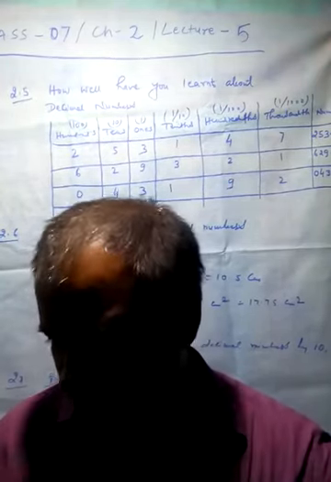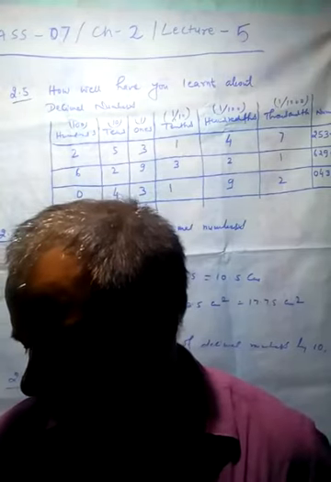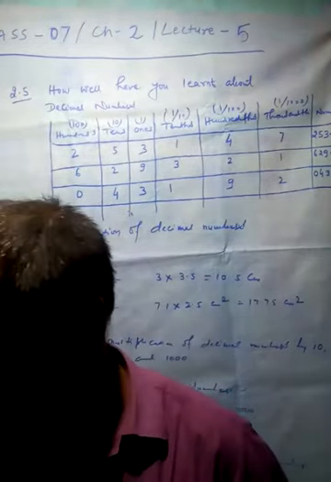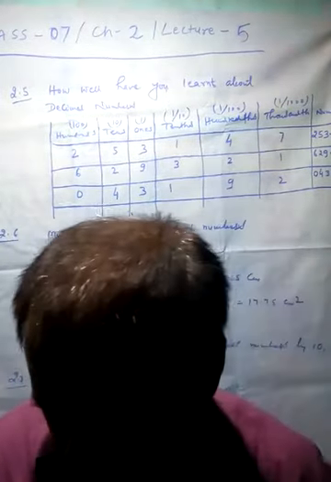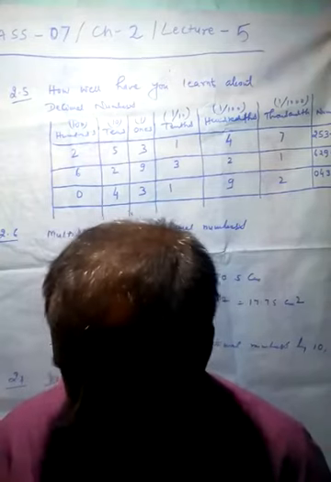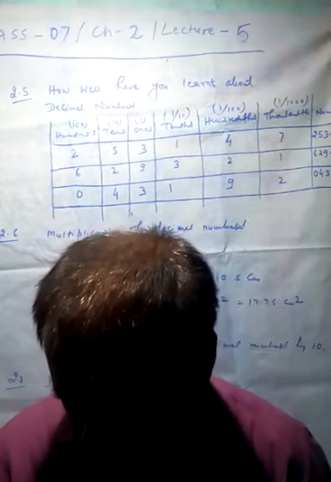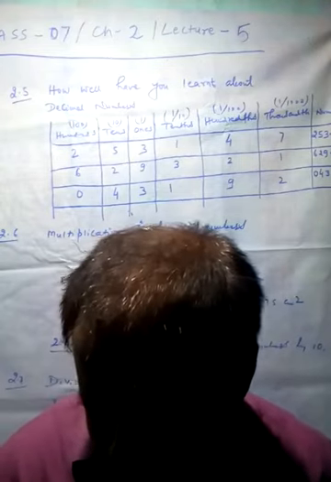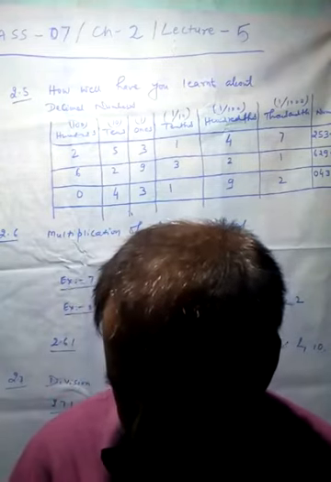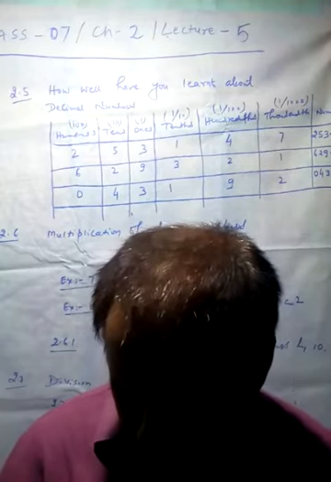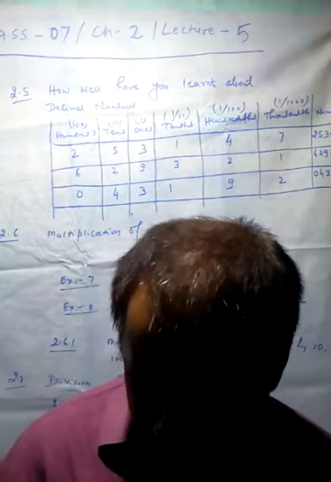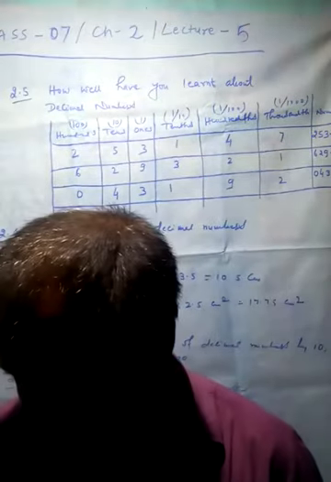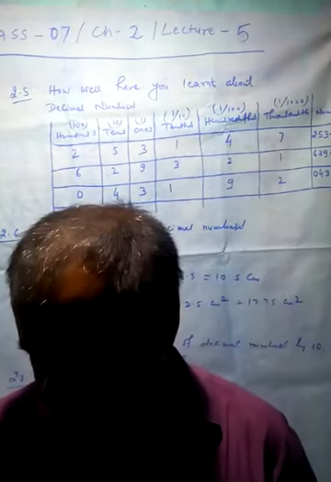Let us now find 0.2 into 0.3. We have 0.2 into 0.3 is equal to 2 by 10 into 3 by 10, as we did for 1 by 10 into 1 by 10. Let us divide the square into 10 equal parts and take 3 parts out of it. To get 3 by 10, again divide each of these 3 equal parts into 10 equal parts and take 2 from each.